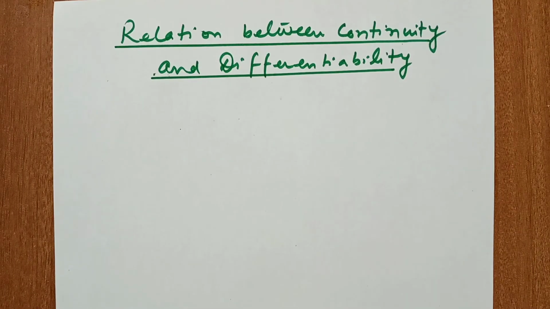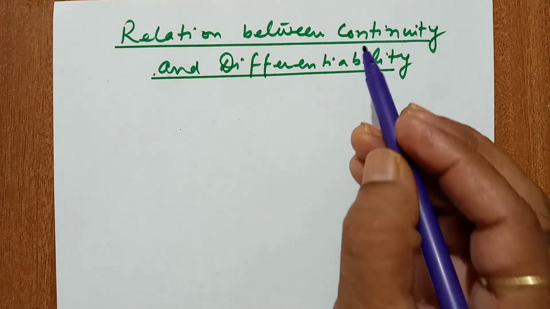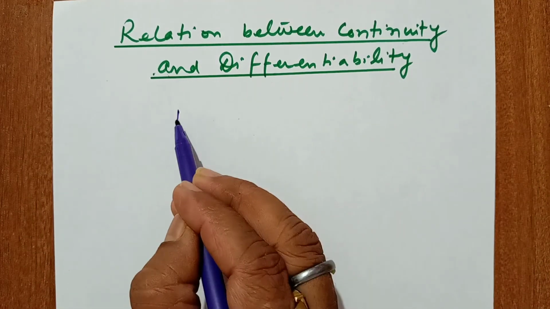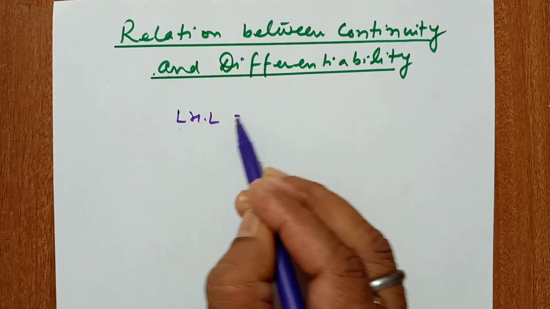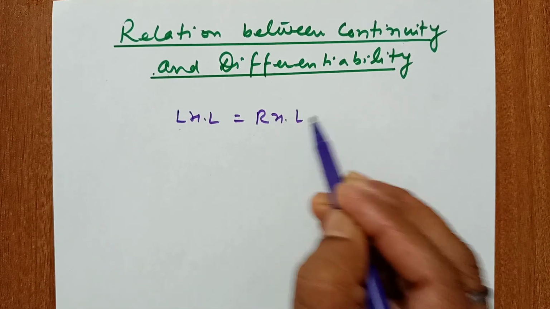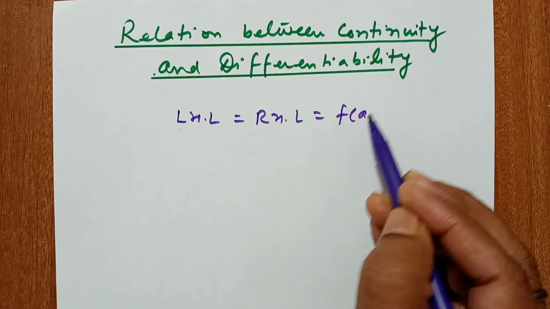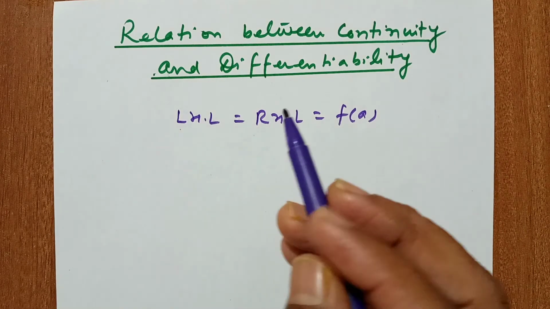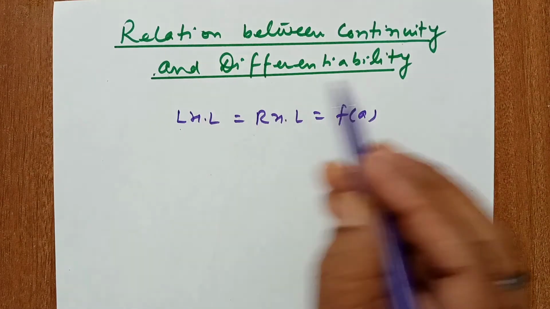So now, the relation between continuity and differentiability. As we have studied before, what is a continuous function? In a continuous function, left hand limit is equal to right hand limit is equal to the value of the function at x is equal to a. Now I am going to explain the relation between continuity and differentiability.